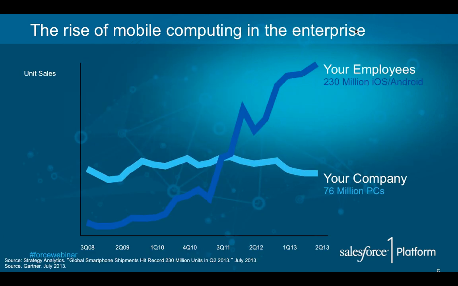What we see as well, and you've probably seen these types of graphs before, is that the sales of mobile devices is far outpacing PCs. That means that more and more people will actually use these mobile devices to not just do their personal interactions, but also to do all of their professional work. And this is something that Salesforce is betting on heavily.